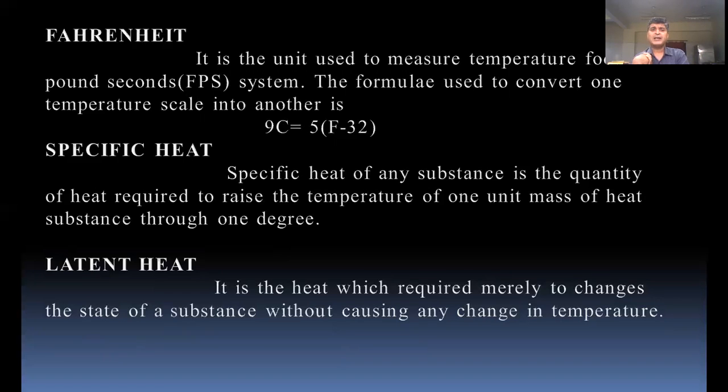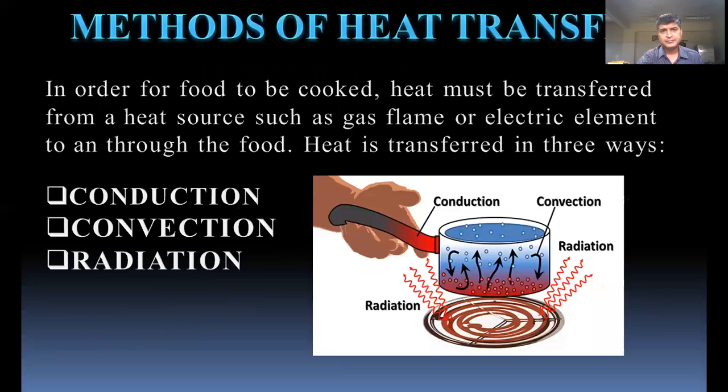Once again, latent heat is the heat required merely to change the state of the substance without any change in temperature. Now, I hope all the definitions are clear to all of you. Learn them as they are.